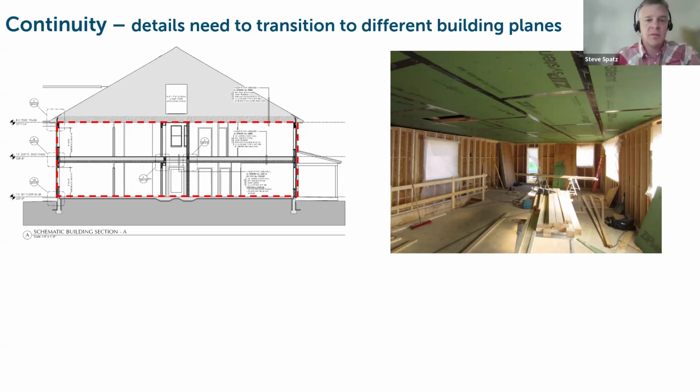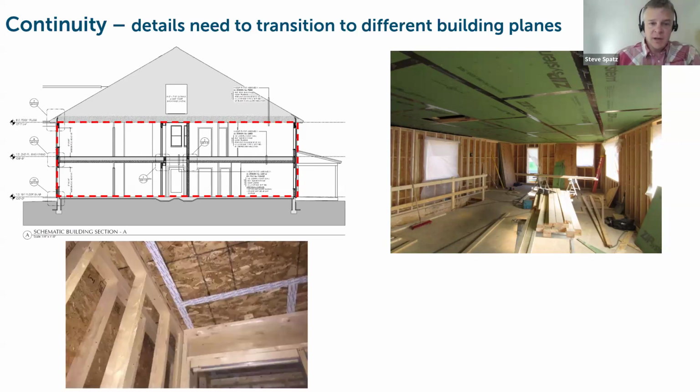In this scenario, you are defining your air barrier at the ceiling. And so you can use sheathing. Here's an example of a builder who's used the ZIP sheathing to create an airtight air barrier assembly at the ceiling plane to the attic above. And that's another example of how that can be done.